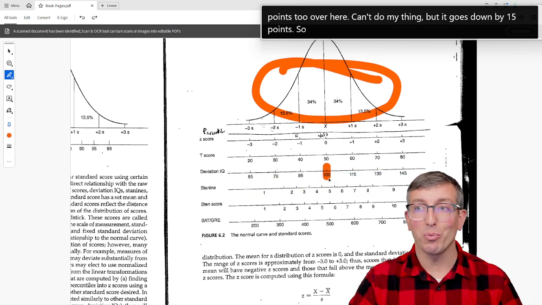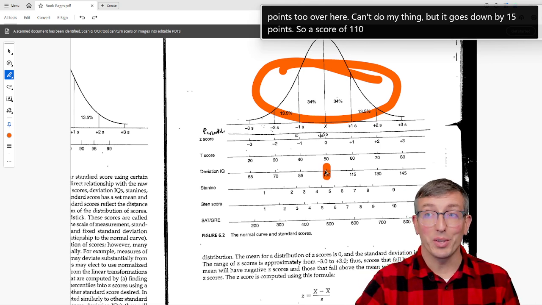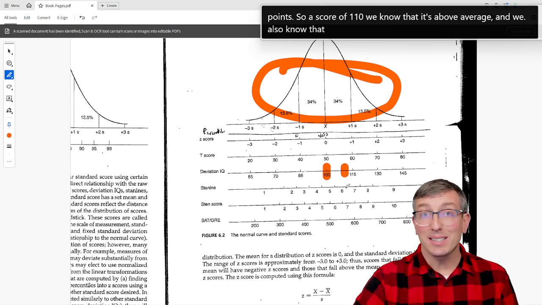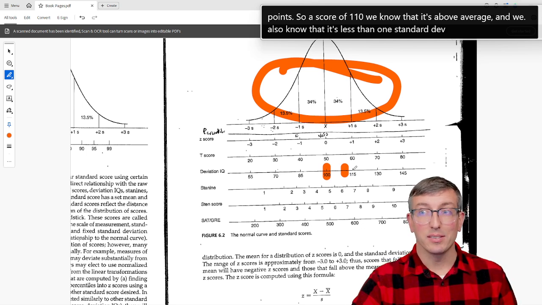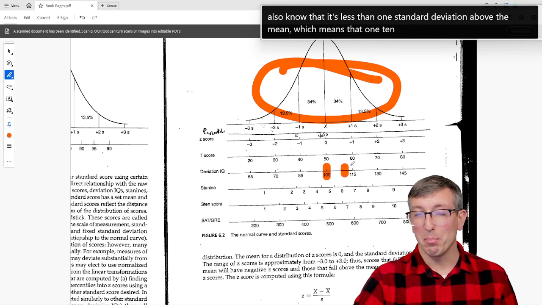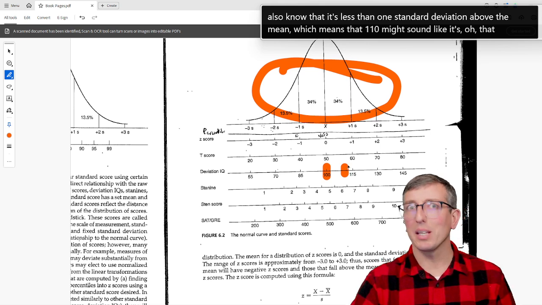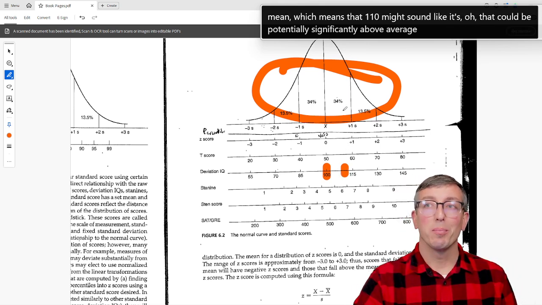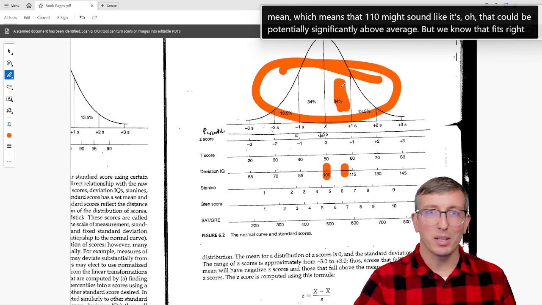So a score of 110, we know that it's above average, and we also know that it's less than one standard deviation above the mean, which means that 110 might sound like it could be significantly above average, but we know that fits right within average.